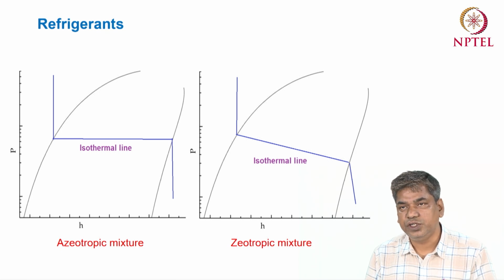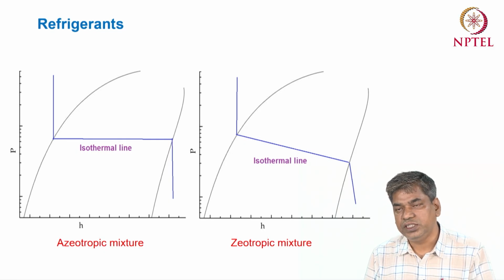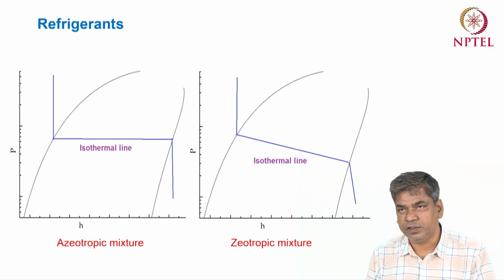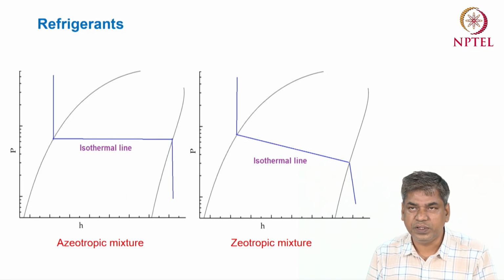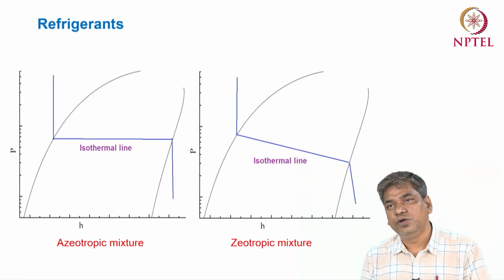But in the case of a zeotropic mixture you will see that the isothermal line is different. The temperature is constant but the pressure is variable. So for the zeotropic mixture, if you maintain constant pressure, then the temperature will be different at the start of boiling and end of boiling. Similarly, if you want to maintain constant temperature, then the pressure is different at the start and end of boiling.